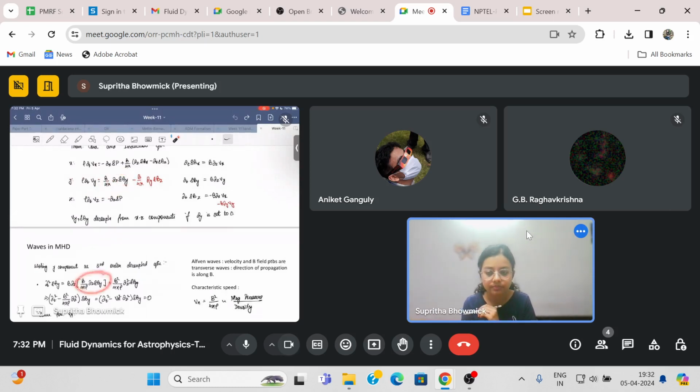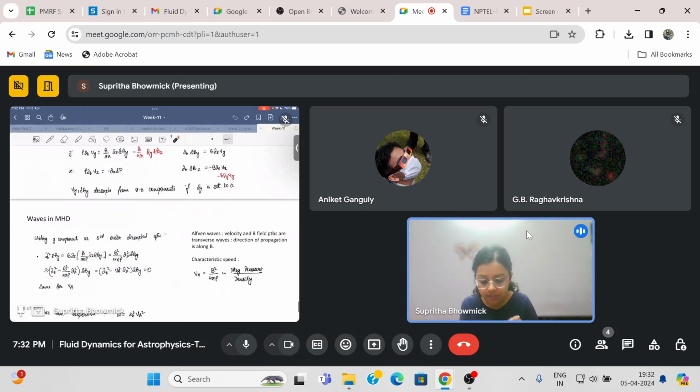Same thing over here. Which gives you this equation. You have a del t squared and you have a del z squared. If you rewrite this b squared by 4 pi rho as Va squared, this equation is a wave equation.